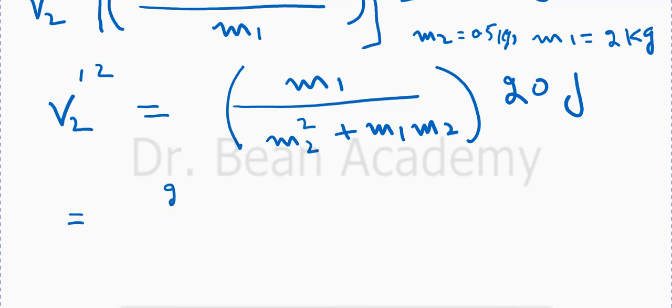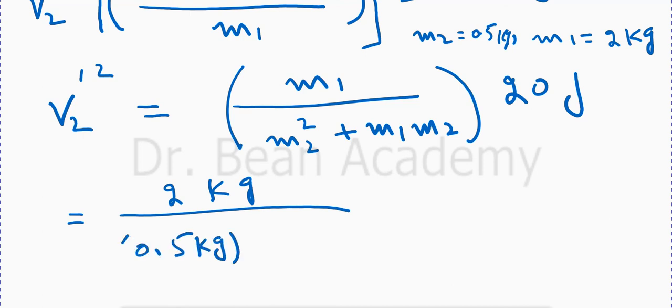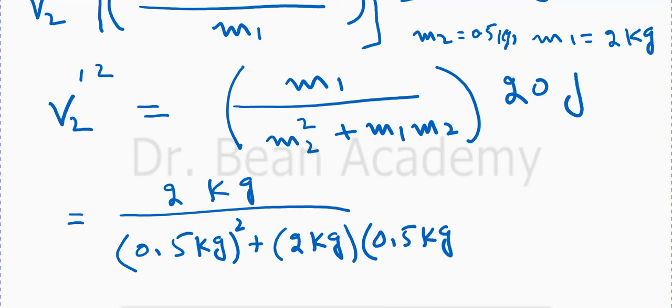So I am writing the values. m1 is 2 kg, m2 squared means 0.5 kg squared, and then plus m1 is 2 kg, m2 is 0.5 kg, and multiplied by 20 joules.